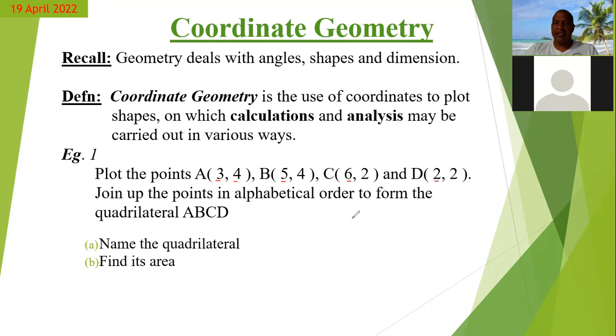So what would be the largest value of x here? 6, sir. 6. So on your x-axis, you must be able to accommodate values up to 6. I would say make your scale go up to about 7 or 8 so that you can accommodate the highest x value.